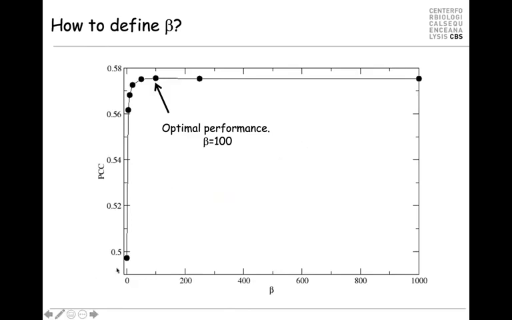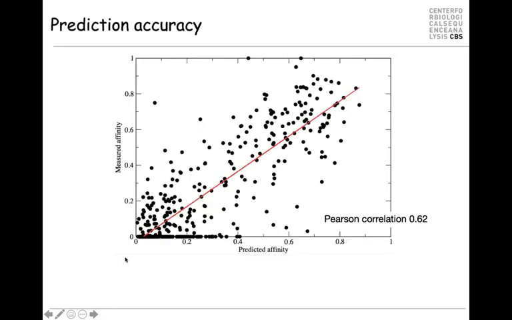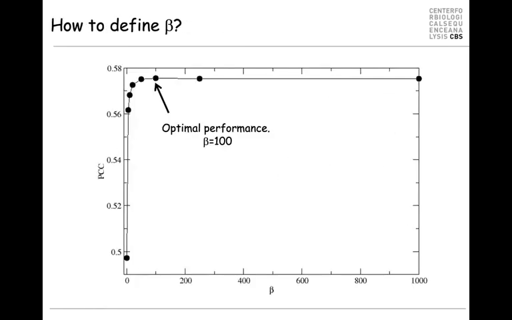Doing this, we get a performance that is pretty bad, 0.48 in terms of the correlation coefficient between the predicted and measured values. If we now increase beta, we see a general increase in performance. So having a non-zero value of beta helps us extrapolate from these 10 peptides to the whole peptide space, which is good.